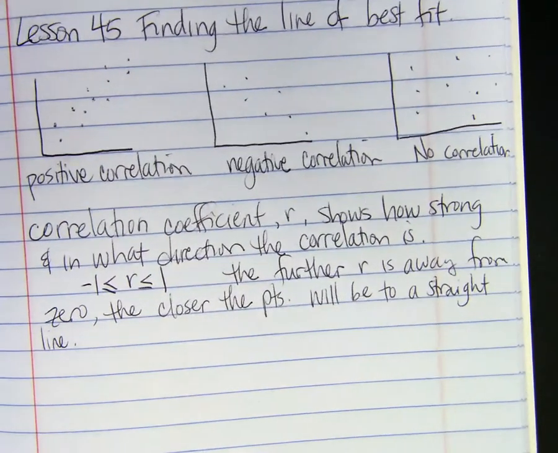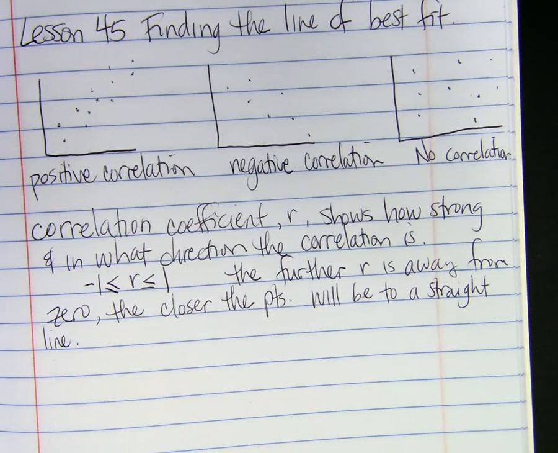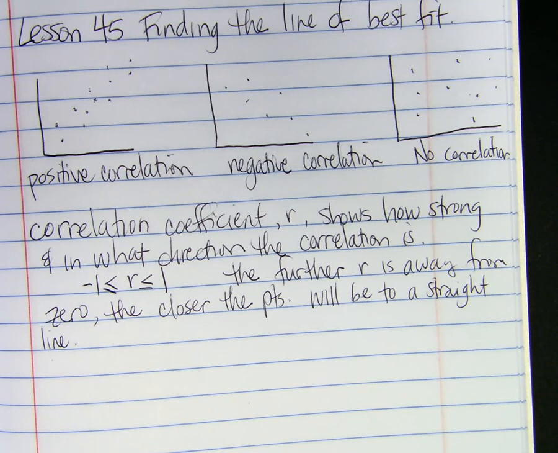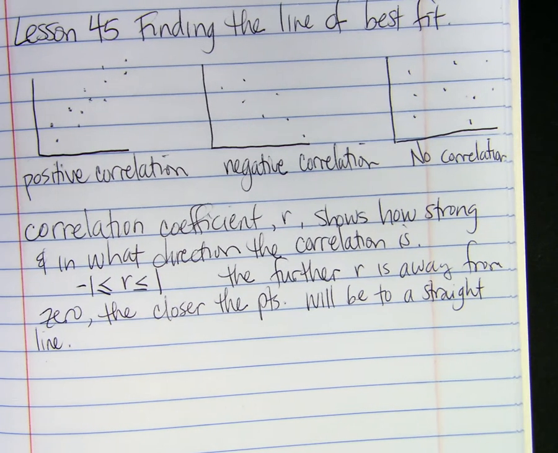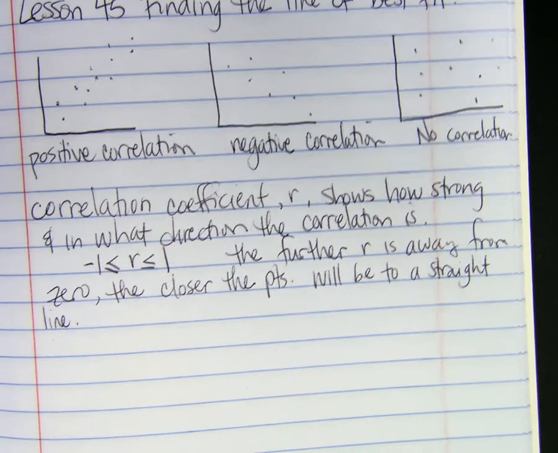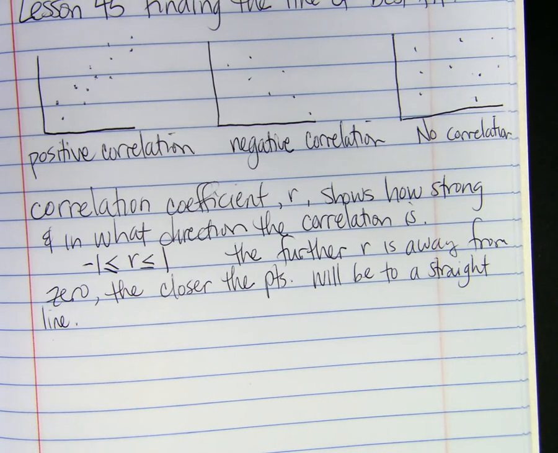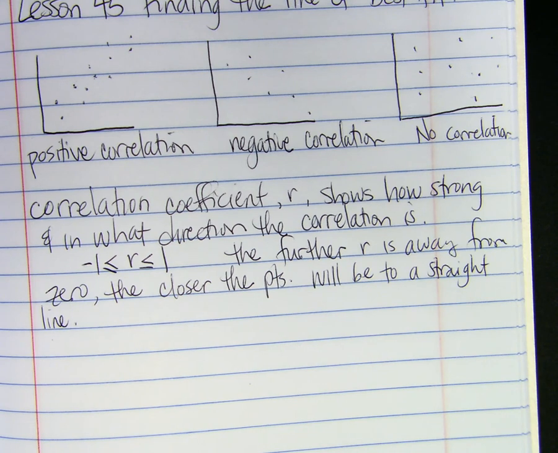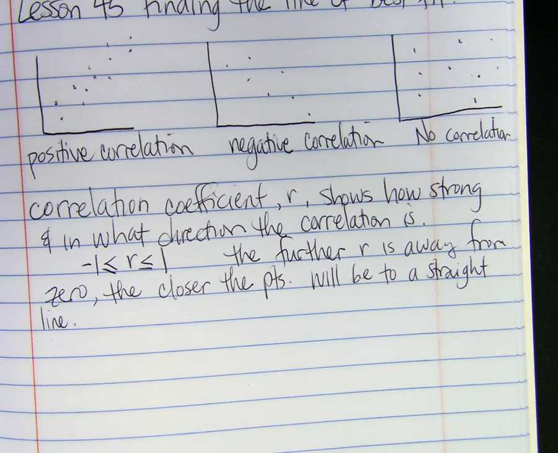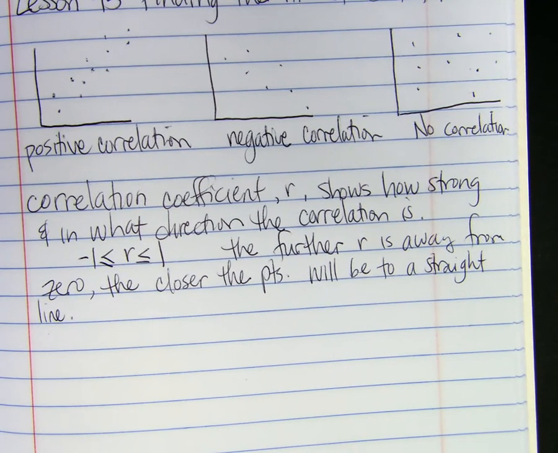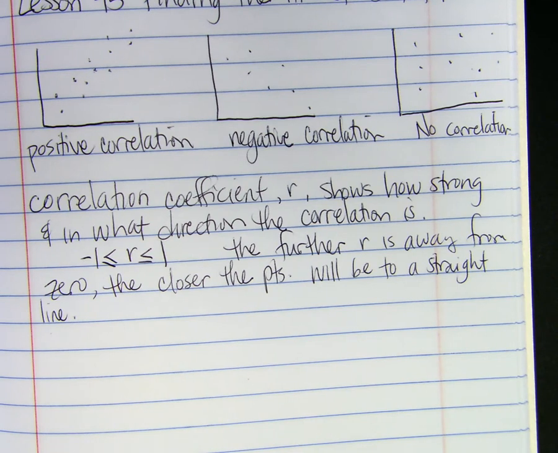So if the correlation coefficient is 99/100ths, then your data values will be really close to a straight line. If it's equal to 1, it is a straight line, or -1. If the correlation coefficient is like 2/10ths, then it's going to be fairly scattered. It'll have a positive correlation, but it'll be kind of fuzzy.